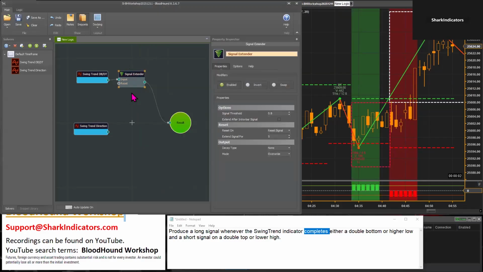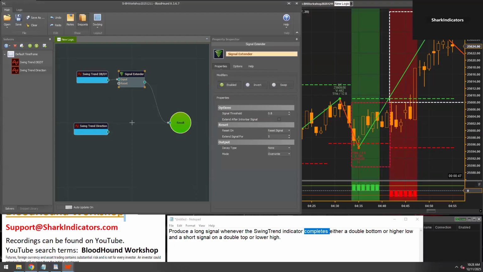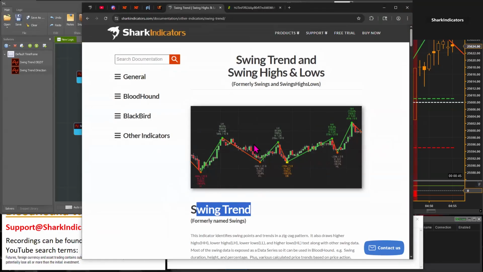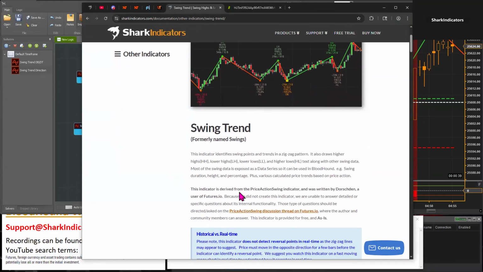And now we need to understand a little bit about how the swing trend indicator operates. There is some information on this page, but SharkIndicators did not develop this indicator.